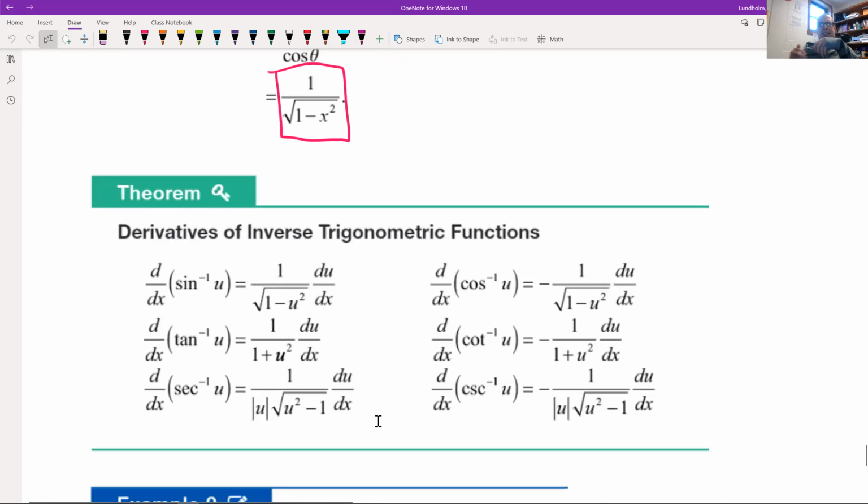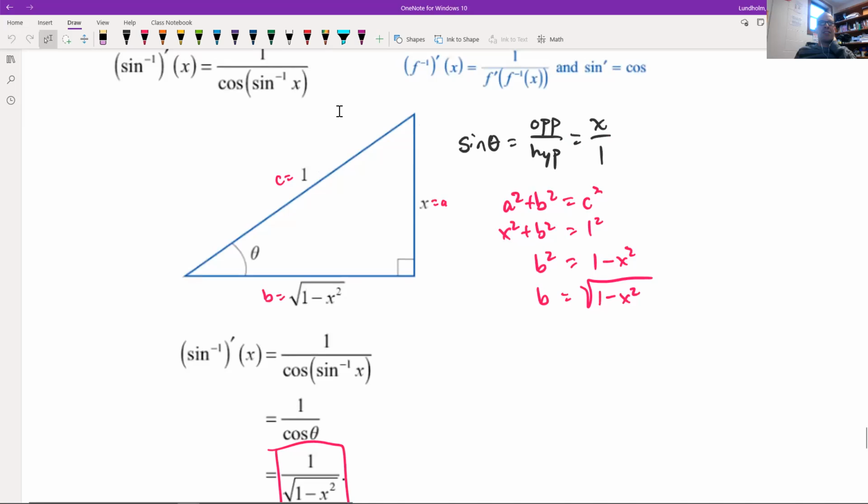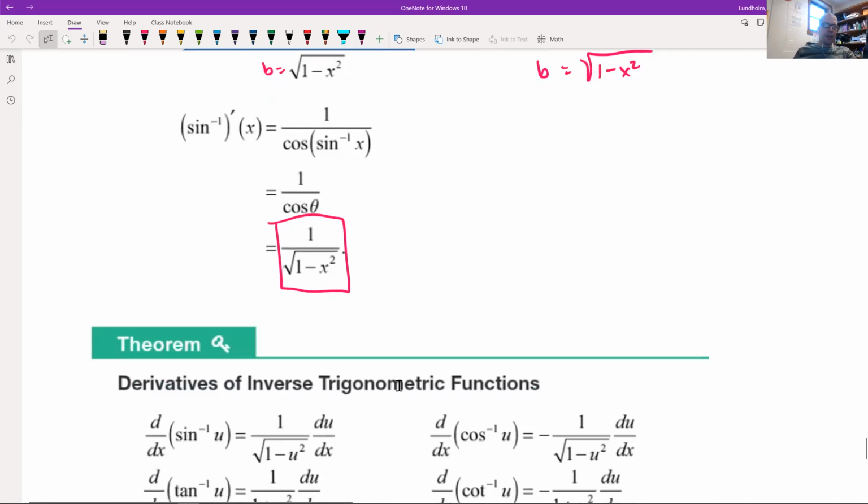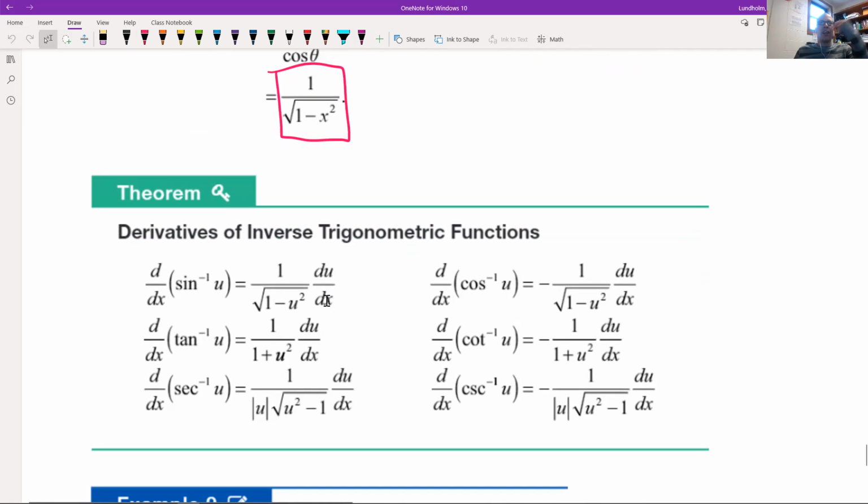It's good to remember that this whole thing of making a triangle and chasing this down is the reason why they look like 1 over some square root expression. But do I have all of these memorized? No, I do not have all of these memorized. These are something that I would look up when the chance arises.